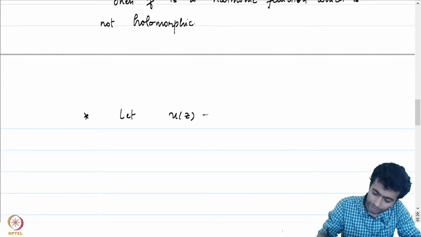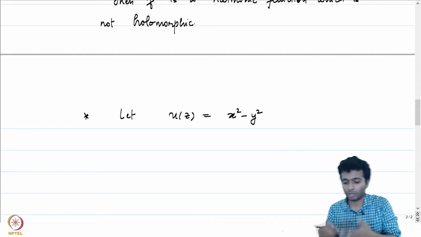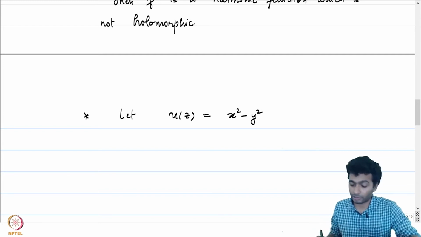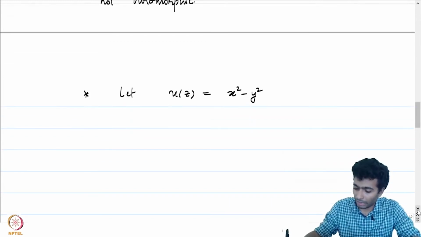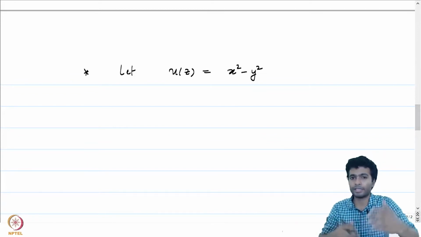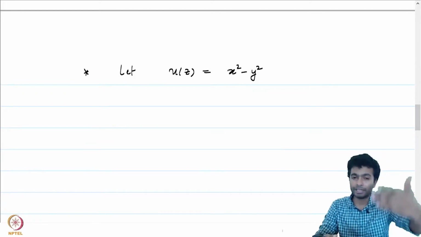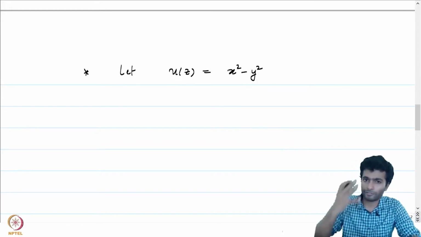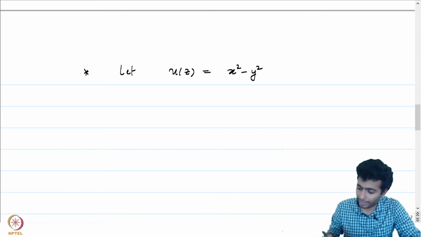Let u of z be equal to x square minus y square. This is the real part of the function f of z is equal to z square, and the convexity along the x direction is being cancelled out by the concavity along the y direction. So this is one way of keeping harmonic functions in your head.